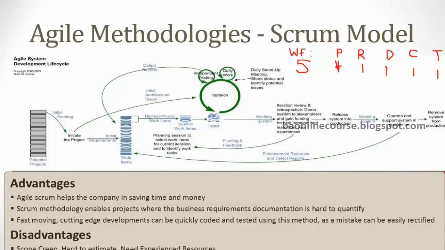So since you're doing one after the other, first 1 month you will plan, next 1 month you will understand requirements, next 1 month you will design, next 1 month you will do the programming, and last month you will test it out, right? Now Agile doesn't go in this sequential manner, right? So that helps in saving time and money, right? How we do that, I'll explain that. Right, but first let's understand the process.